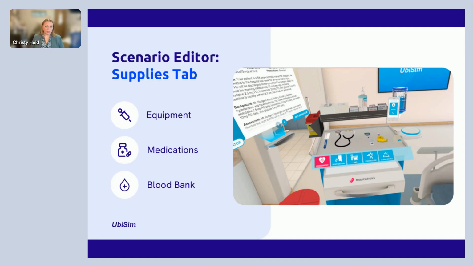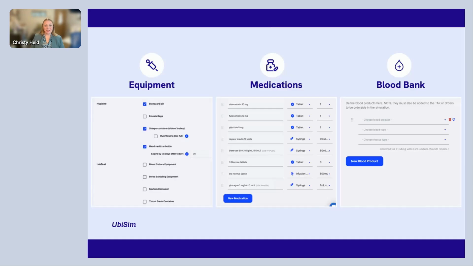Now, moving on to the Supplies tab, you can select equipment, medications, and blood products for learners to access during the scenario in VR, as you can visualize here. I'd like to take a closer look at these 3 areas. You can check off equipment simply by the click of a button, adding or removing things from hygiene or lab tests.